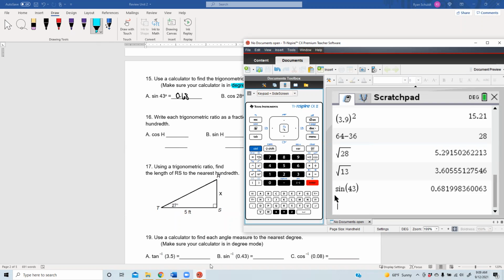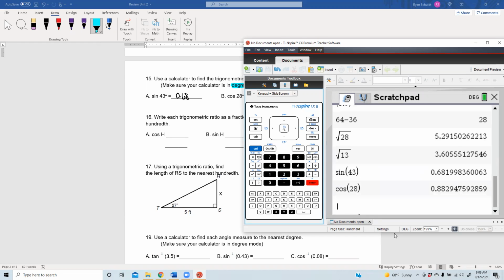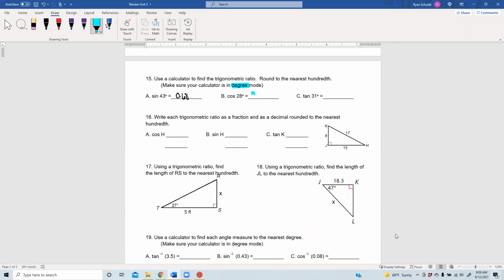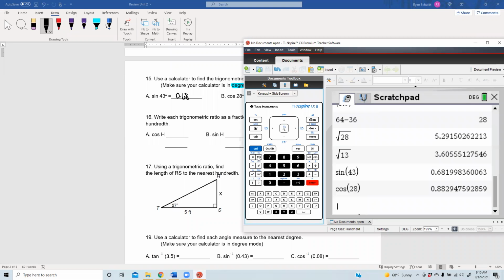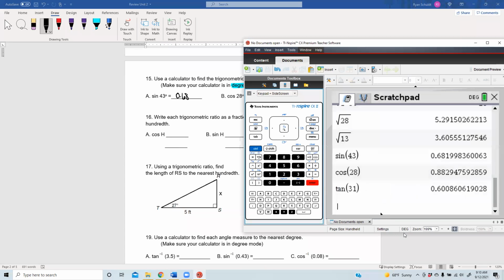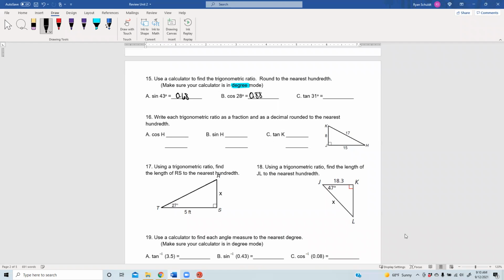Mine is, so we're good. Cosine of 28 degrees is 0.88. And then tangent of 31 is 0.60.